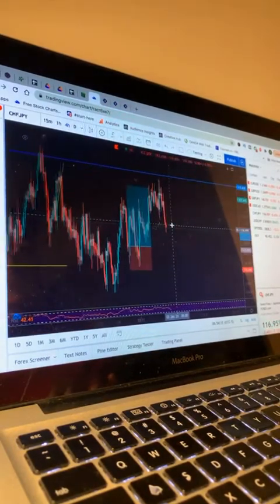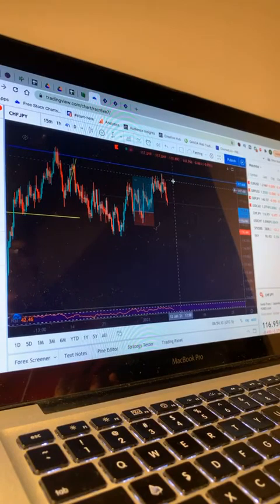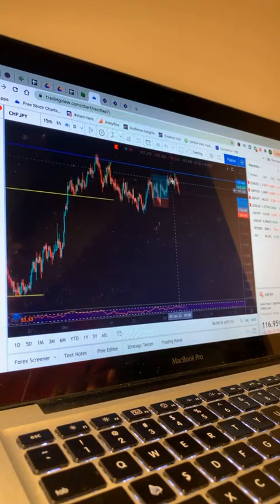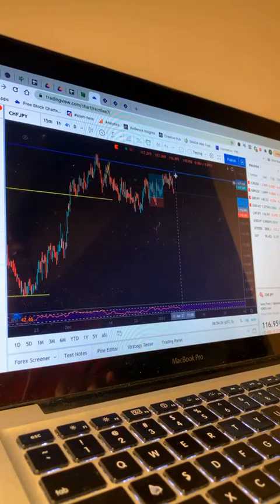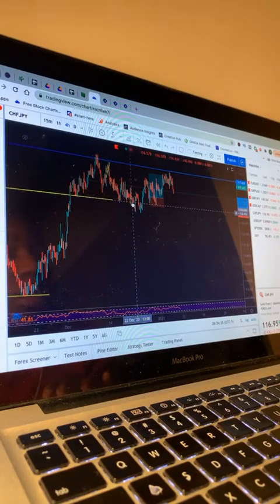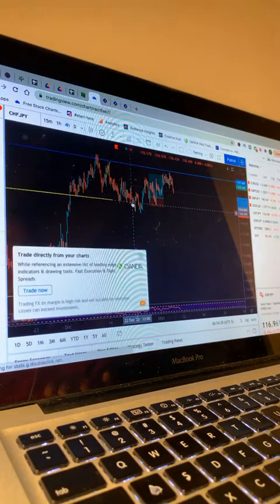Let's see. For Swiss JPY, I can see it going back down to this area where it was before, like around this 116.45 area.